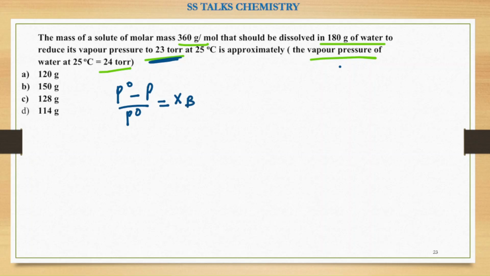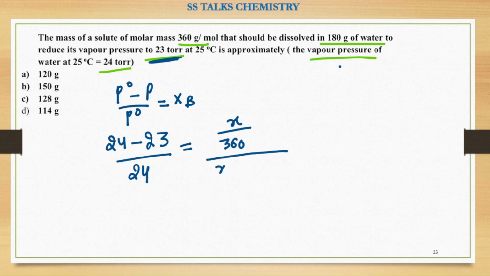The initial pressure we had is 24, and the solution pressure is 23, so it will be 24 minus 23 upon 24, and this is equal to the mole fraction of the solute. The given weight of the solute, we have to find out, call it x. The molar mass of the solute is 360. In the denominator, the mole fractions sum will be there, so x upon 360 again.